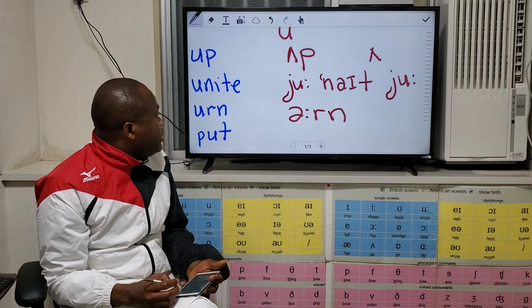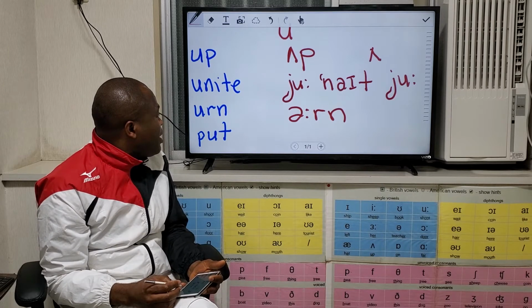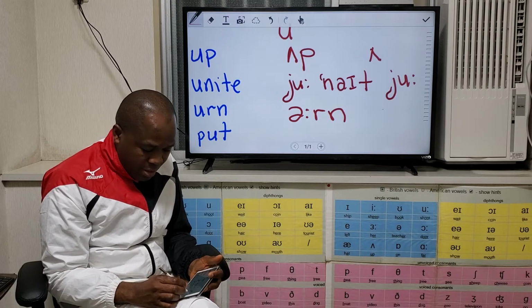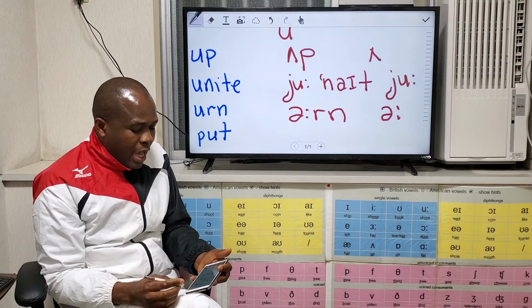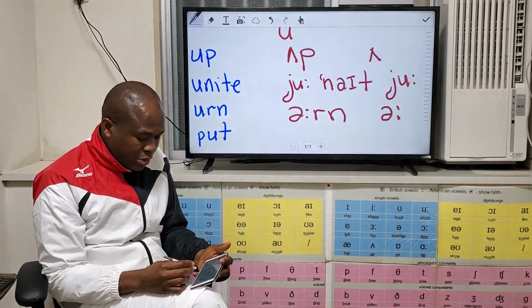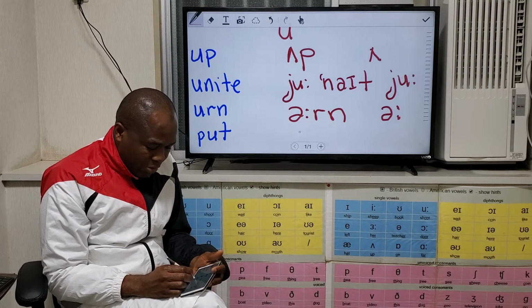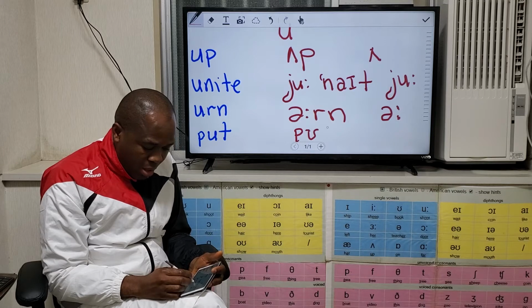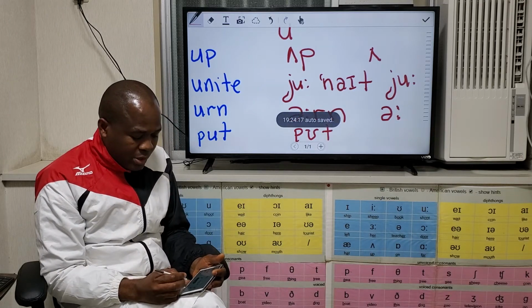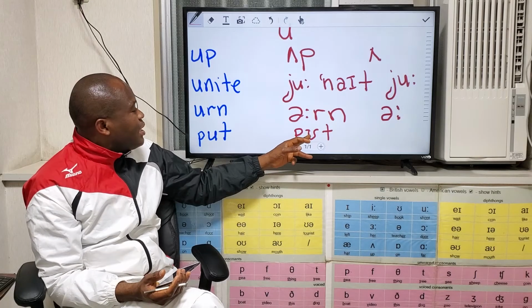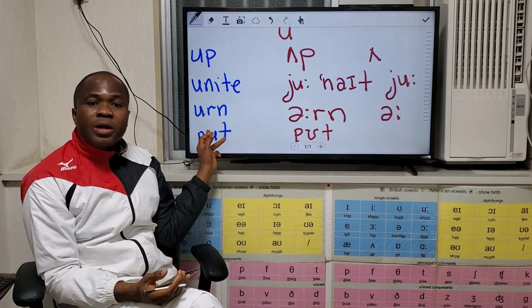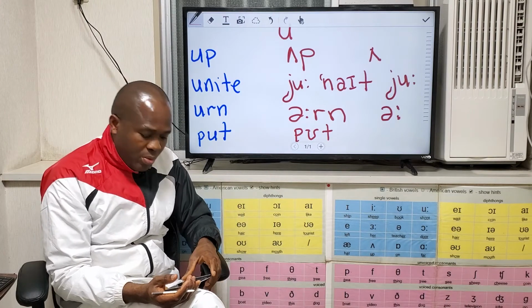So here the U makes the sound er. And the last one is the word put. Let's write the sound, or the spelling of the sound, put. So if you look at the word put, you will see that our U makes the sound oo.